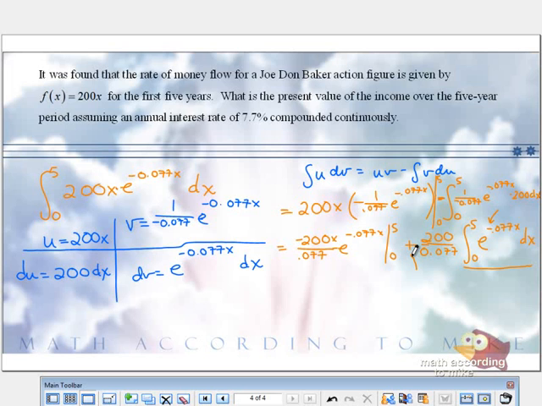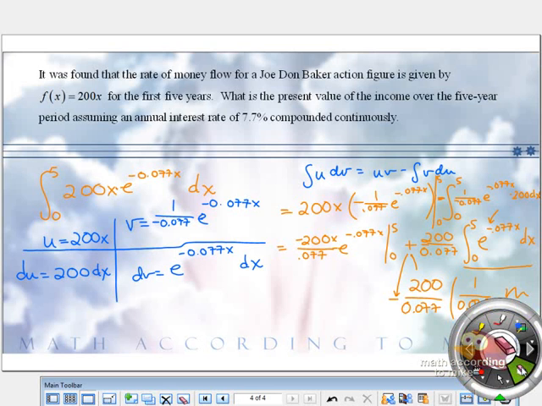And this would be in the denominator, correct? This number is already in the denominator. So when we integrate, we're going to have 1 over k. These are both in the denominator, so to save space, we can just say that as 0.077 squared, because you're just multiplying them.